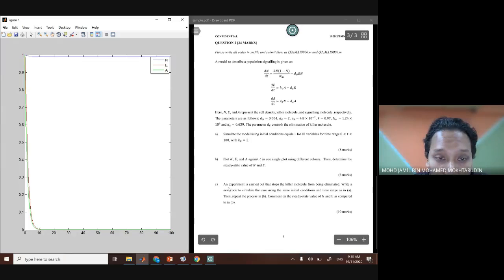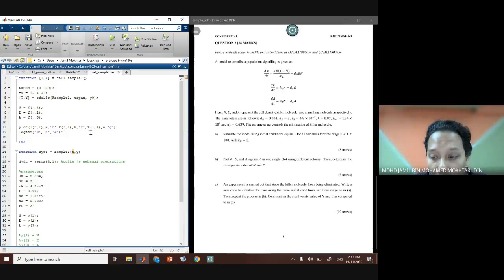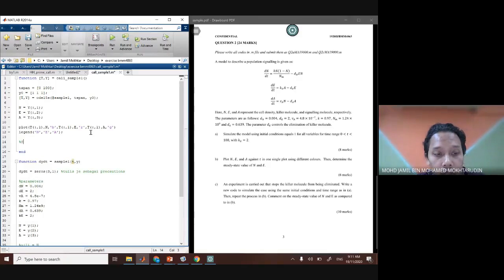So E color merah roughly 0. So maybe you can put in a comment: steady state value for N is about 0.99 and E is 0. Dapat dah maka ini je.